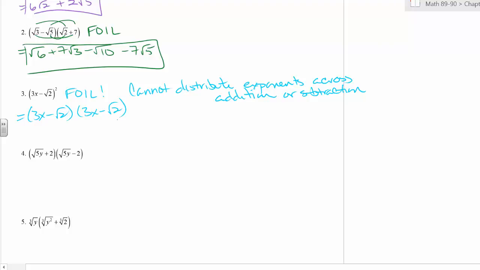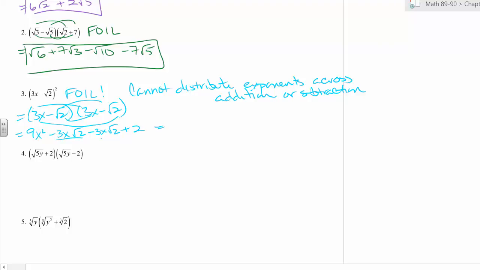Now here we're more likely to get like radicals because we have like radicals in our original product. So first gives me 9x squared. Outer gives me negative 3x times the square root of 2. Inner gives me negative 3x times the square root of 2. And last gives me positive, because I have 2 negatives, square root of 2 times square root of 2 is 2.